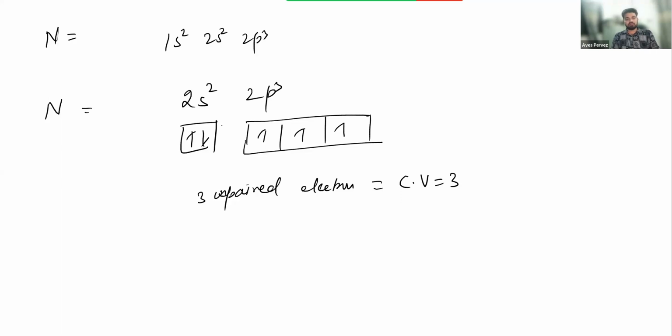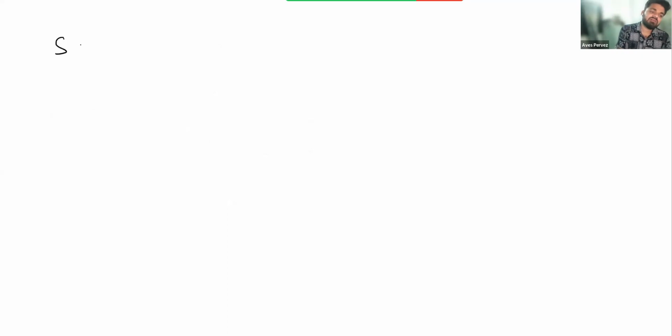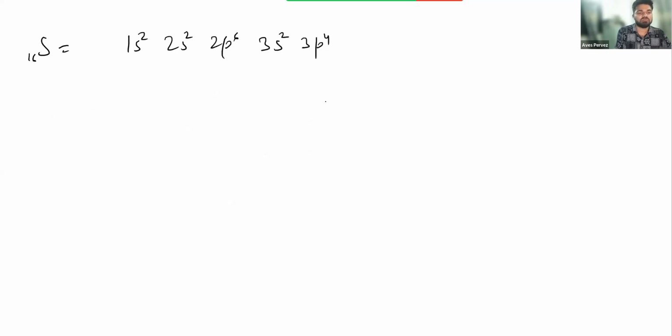Now, if I'm talking about sulfur, it is going to have atomic number 16, electronic configuration 1s2, 2s2, 2p6, 3s2, 3p4.